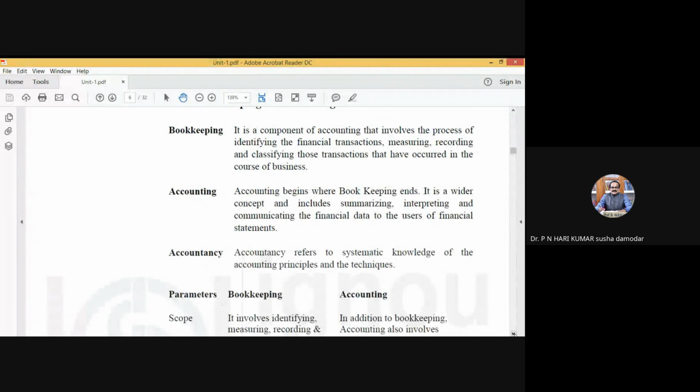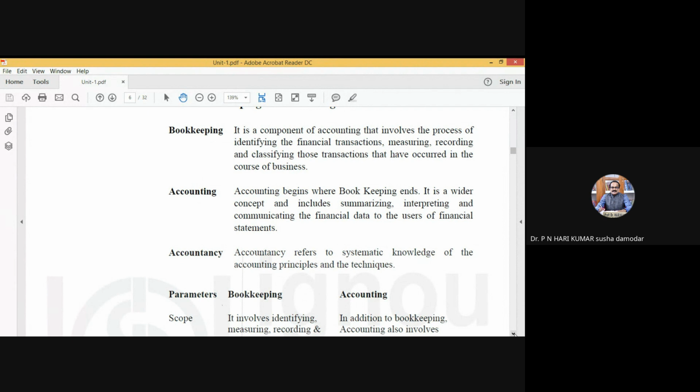Then accountancy. What is accountancy? Accountancy refers to systematic knowledge of the accounting principles and techniques. How to prepare different books of accounts, how to analyze, how to interpret the business result. This is a part of accounting. And bookkeeping and accounting come under accountancy.